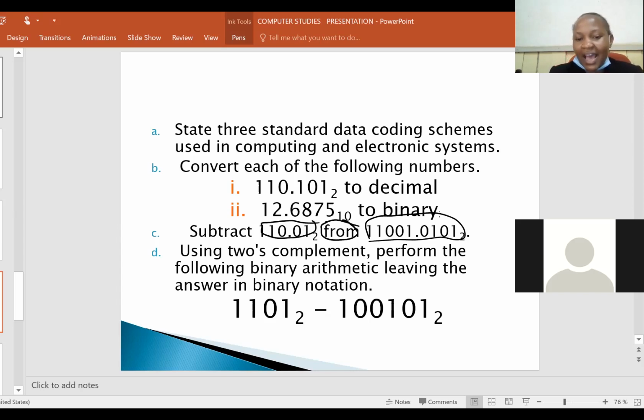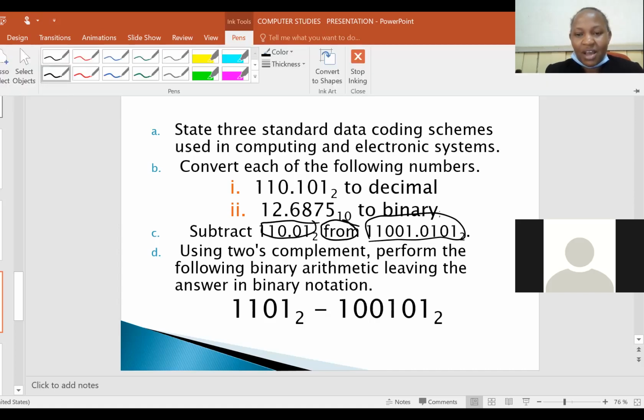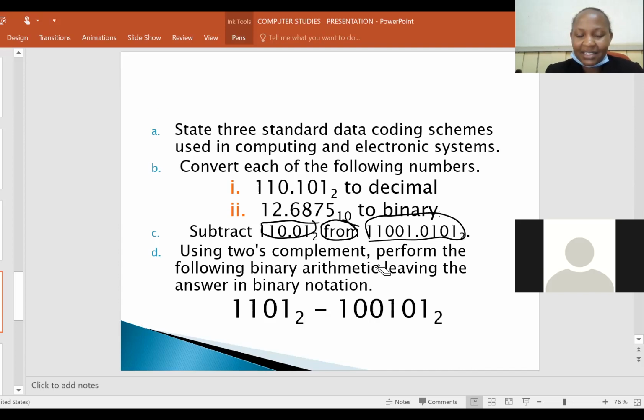the right answer. Then the next question is using two's complement. Using two's complement, perform the following binary arithmetic, leaving the answer in binary notation. So this one is straightforward. It's already written properly. But what do you do as a candidate?